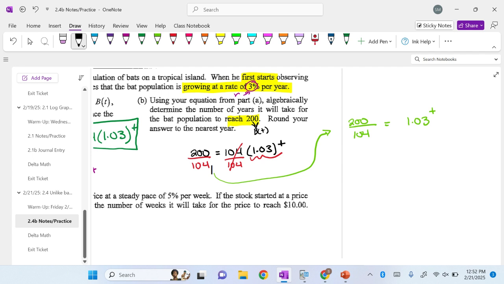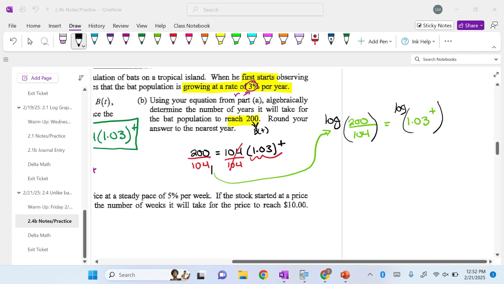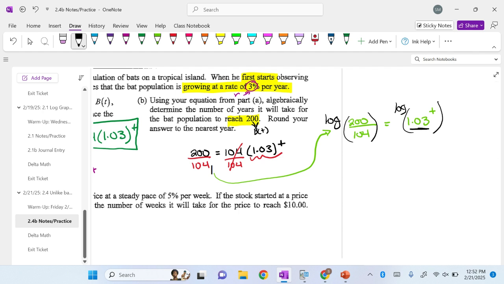What have we been doing? We can take the logs of both sides. Once that base is isolated, there's nothing else connected to it, we can take the log of both sides. So this is log of 200 divided by 104 is equal to log of 1.03 to the t.